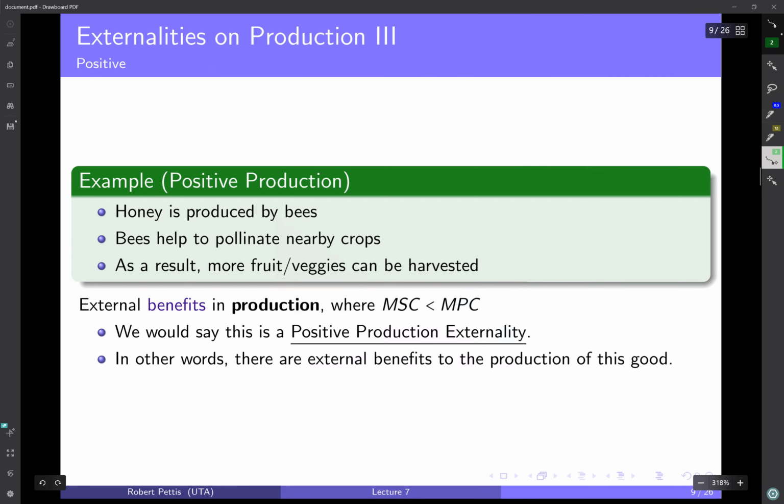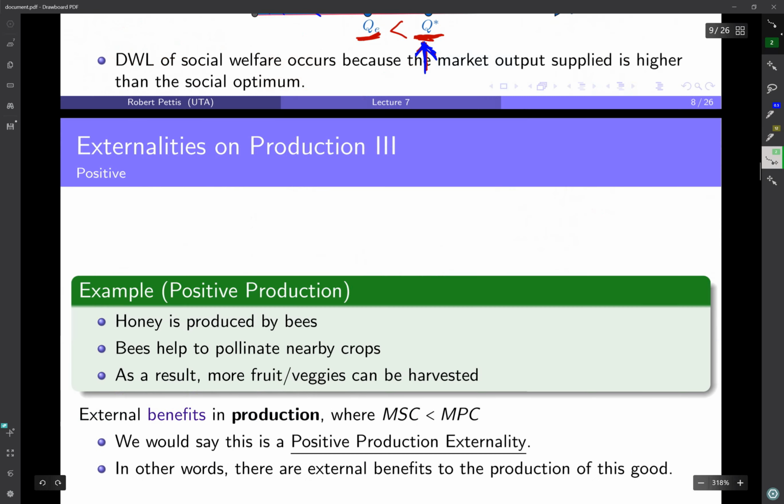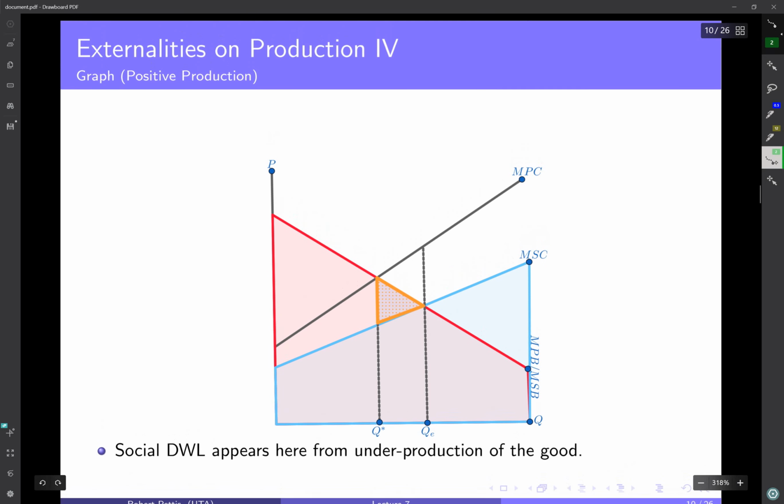Just like we saw before, this demand curve has the marginal private benefit and marginal social benefit being the same. There's no externality on consumption, so they're just going to be the same there.